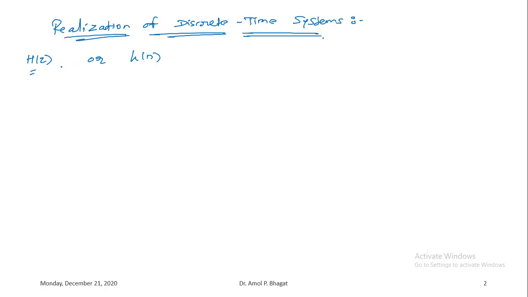So basically these discrete time systems, or maybe digital system or digital filter structure, can be implemented or synthesized in hardware or software form by its difference equation. Okay, so this difference equation can be obtained directly from the system function or from the impulse response.